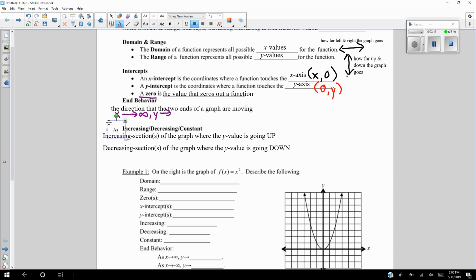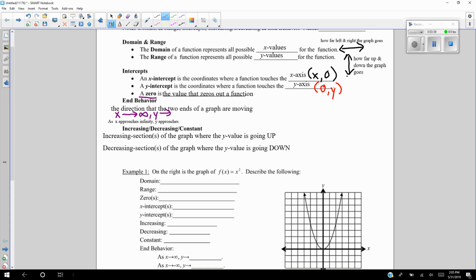I'll write what those symbols mean. As x approaches infinity, y approaches, and we don't really know without having an example in front of us, but that's the format of how you write end behavior. And of course, there's two ends.